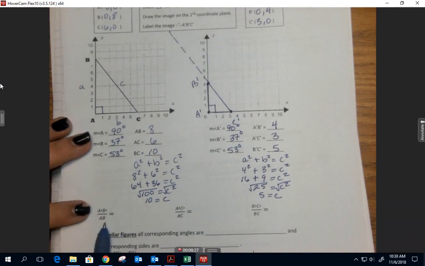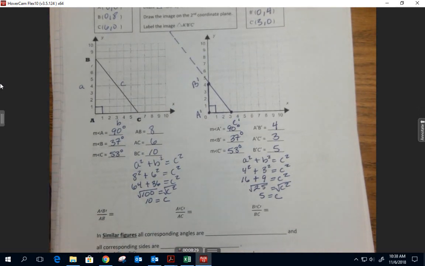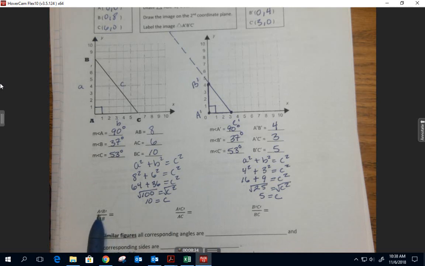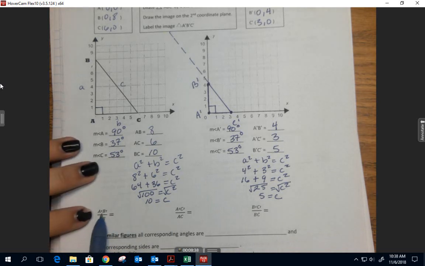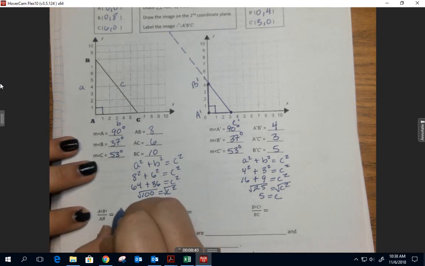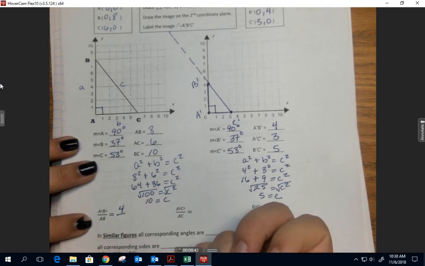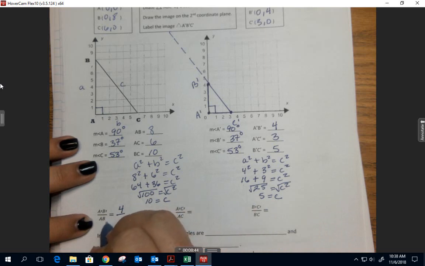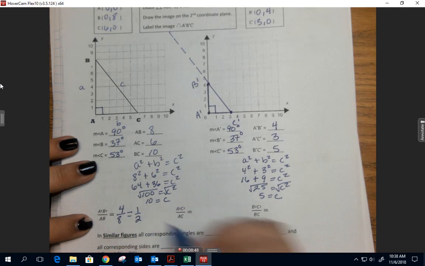Now we're going to make a ratio of our image over our pre-image. So for our image, A to B is 4, over our pre-image, AB is 8. And that reduces down to 1/2.